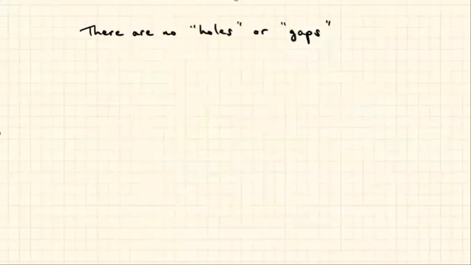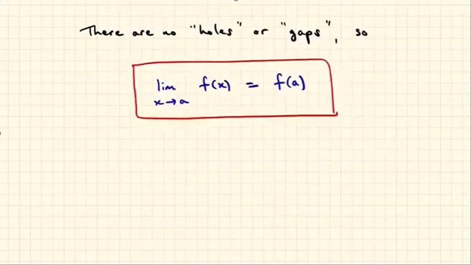When we imagine drawing without lifting our pen, there are no holes or gaps, and the limiting values precisely fill in where your pen is supposed to move to, captured by the statement: the limit of f(x) as x approaches a is the value of the function at a, namely f(a).